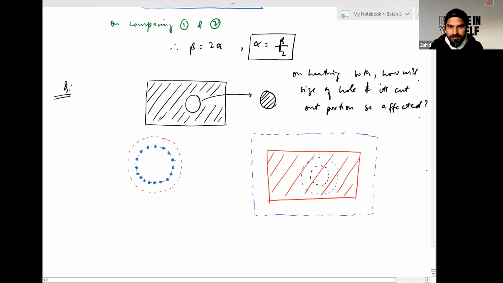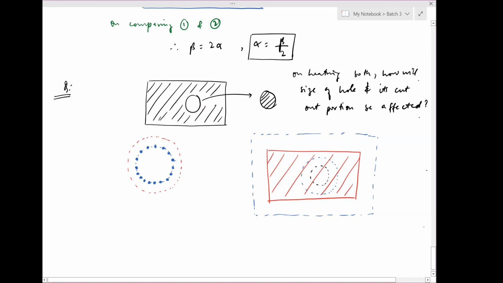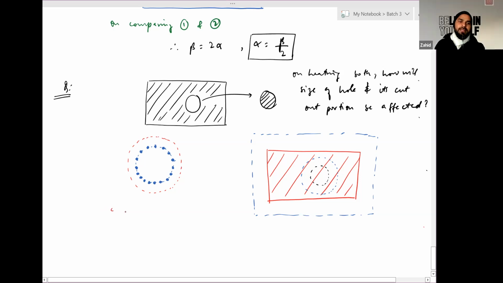Is it clear? Yes, sir. Riba, is it clear? Yes, sir. So in this part, we can say, since there is not enough space in between particles, so they won't go towards one another to get shrink.